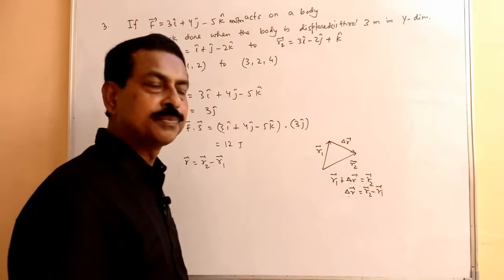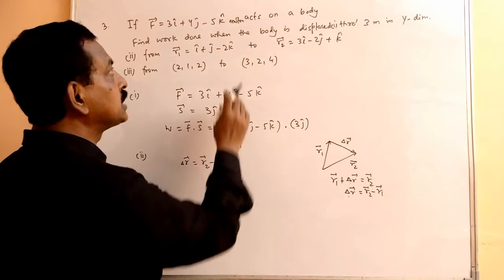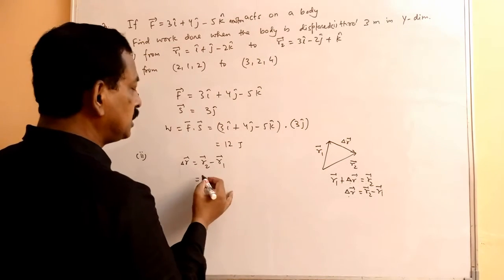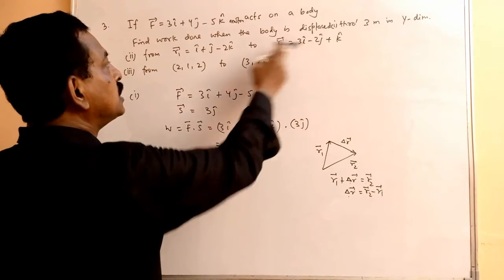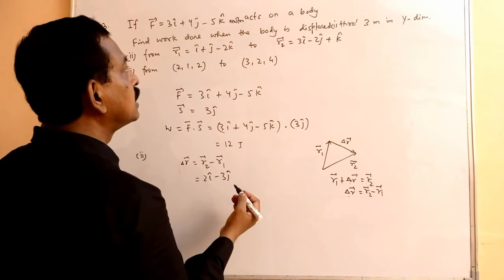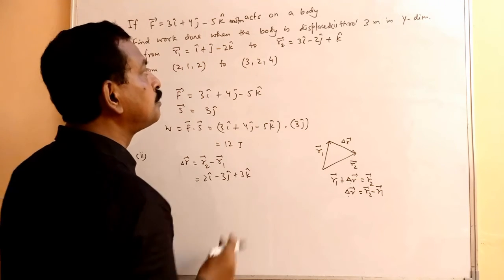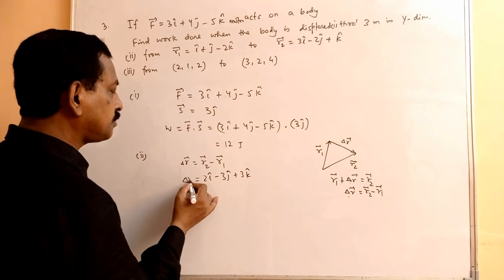R2 minus R1. You simply subtract. It is 3i minus i, that is 2i. This minus this, that is minus 3j. Then k minus this is plus. So this is the expression for delta R.